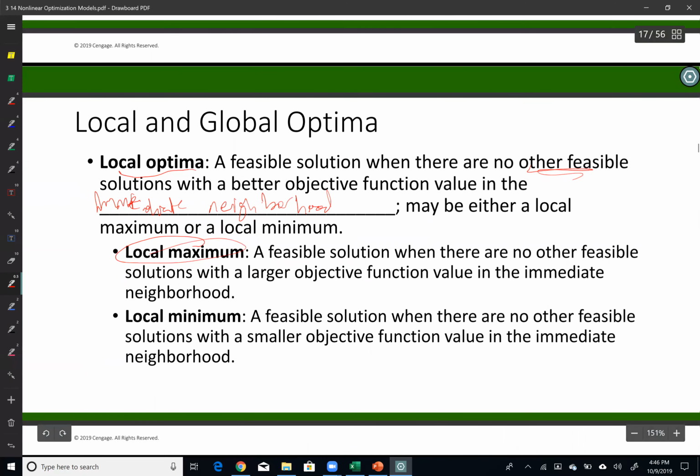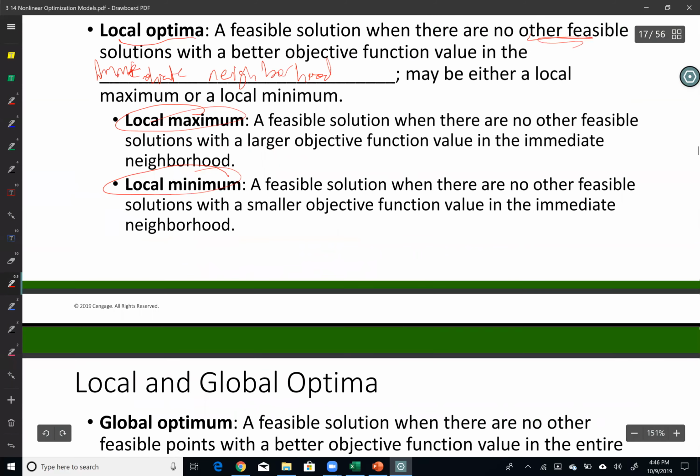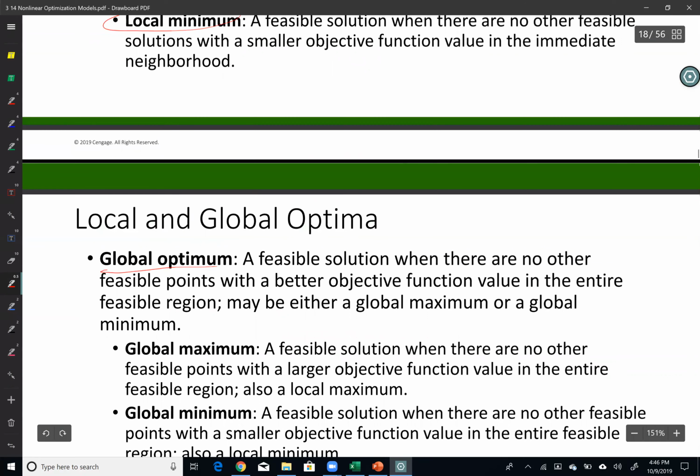So the maximum of that is going to be a local maximum, the minimum of that will be a local minimum. But our goal in general in optimization is finding the global optimum, basically overall what's the best solution.